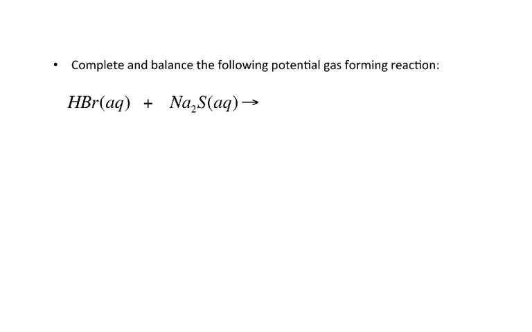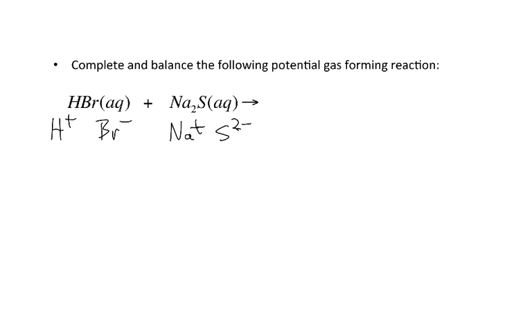Okay, so I'll do the same thing that I did last time. I'll figure out what ions are present in each one of my reactants. So hydrobromic acid is composed of H+ and Br- ions, and sodium sulfide has Na+ and S2- ions.